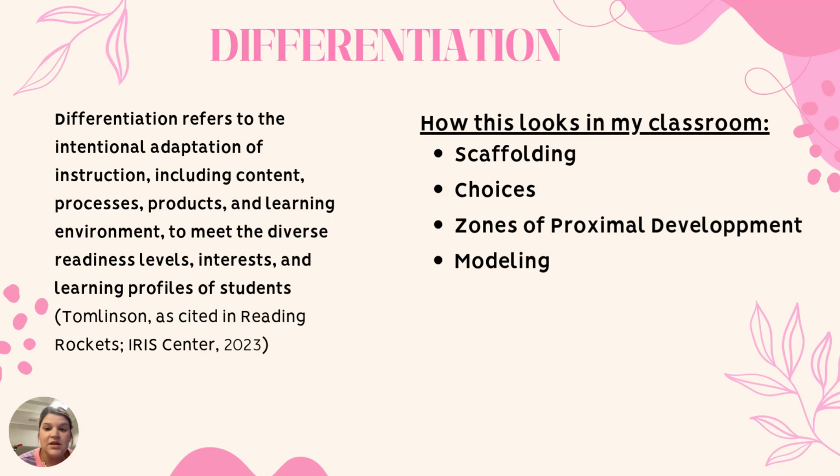So as the year progresses, I try to release them a little bit more. And then modeling, like I said, kindergarten is mostly modeling. Some students have to have more modeling than others. Some students, you can just show one problem or one thing and they get it, whereas others need three or four, or they might just need the whole activity modeled.